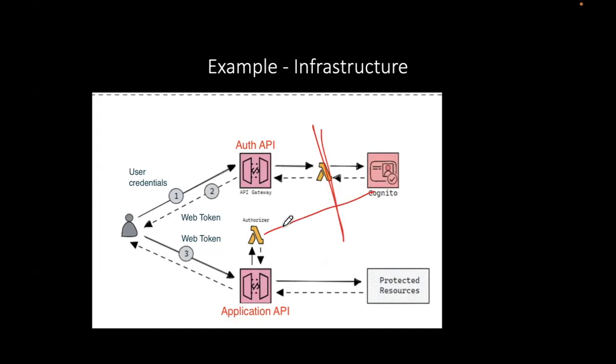And it'll either come back with a yay or nay, in fact. And then this Lambda somehow needs to tell the web API that this is a good token or a bad token. And the way I've implemented that, and to be honest, this is a solution that I found on the web, the way the Lambda tells this web API whether it's good or bad is by providing an IAM policy.